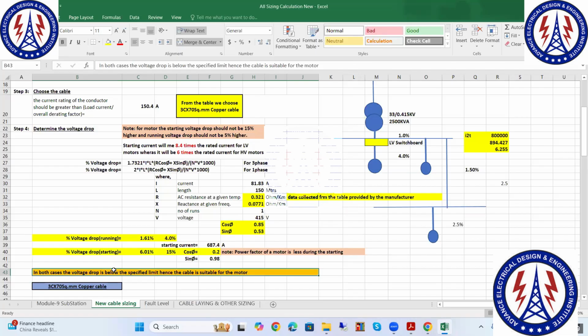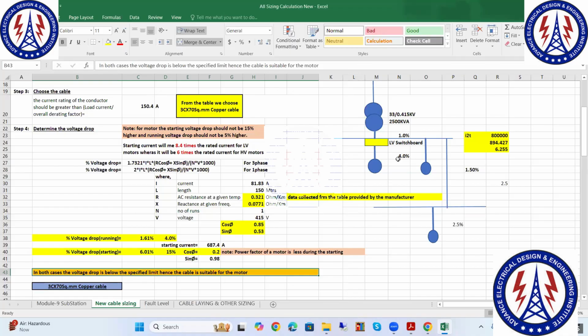They say my motor should run continuously when the voltage variation is a maximum 5% drop. So it's not a standard, it's a general practice. This comes from the motor manufacturer only. They will provide us this data, and you should size this cable based on this.